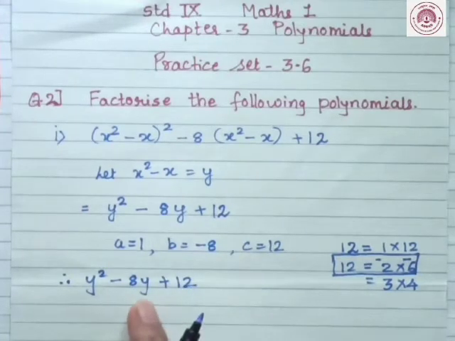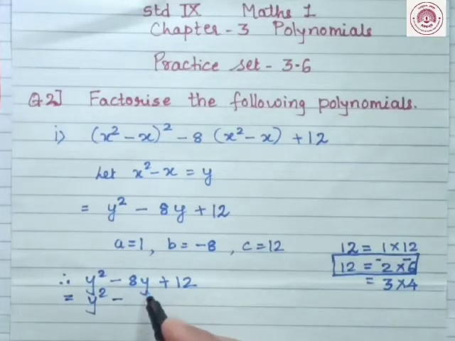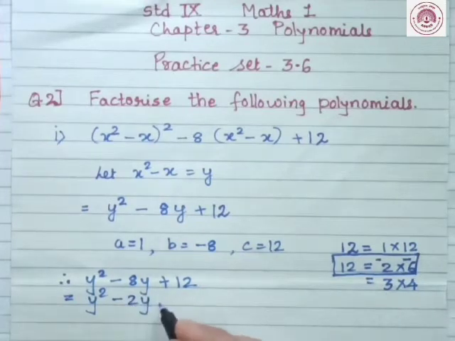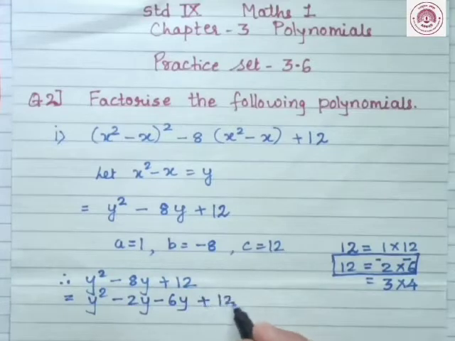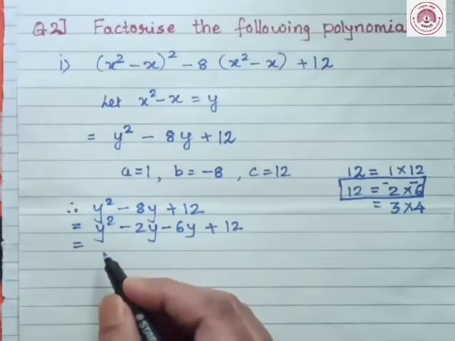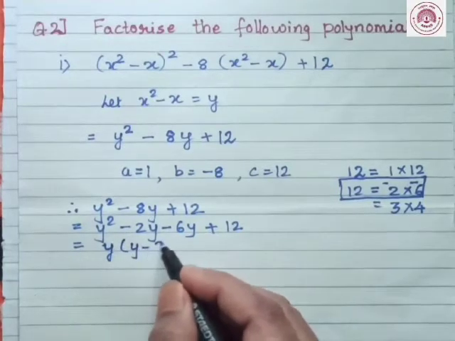We'll split the middle term, that is −8y. So y² − 2y − 6y + 12. In y² − 2y, y is common. In bracket we'll have y − 2.